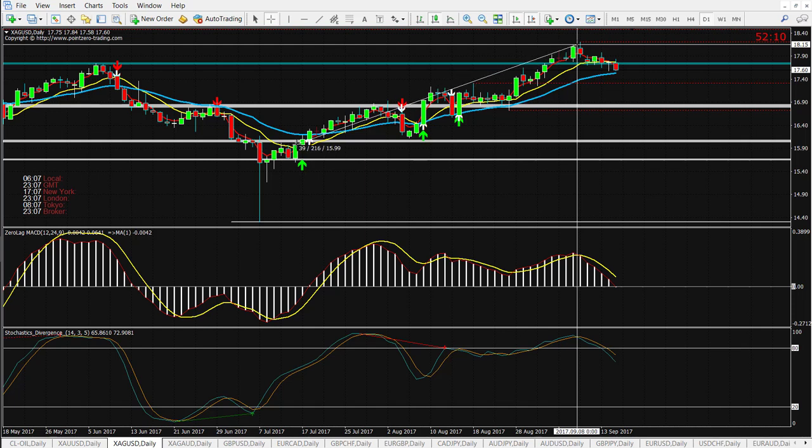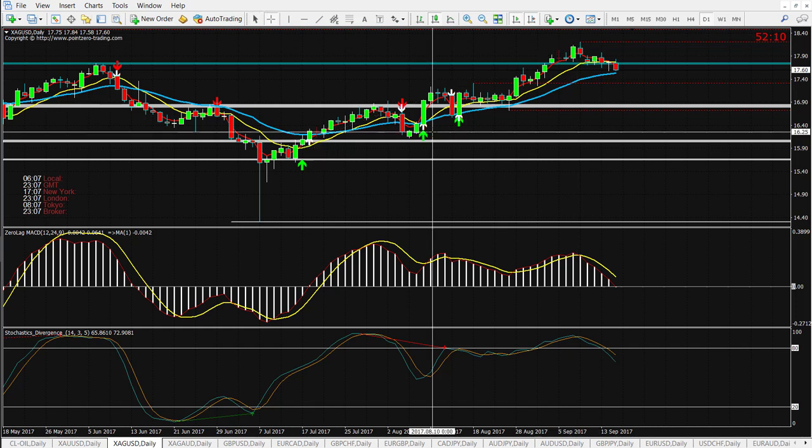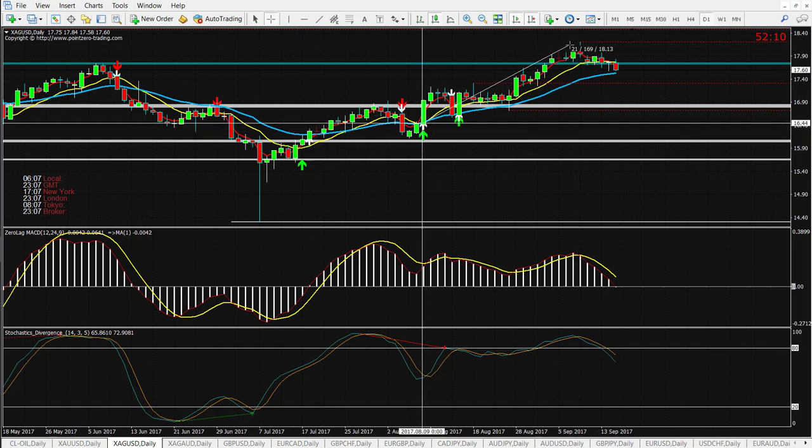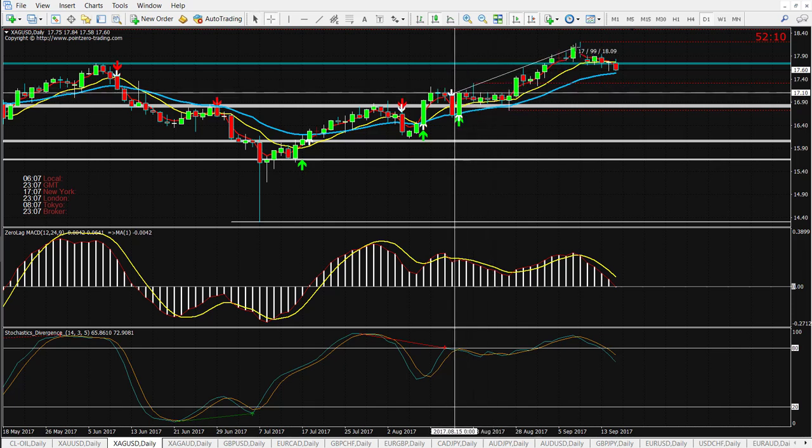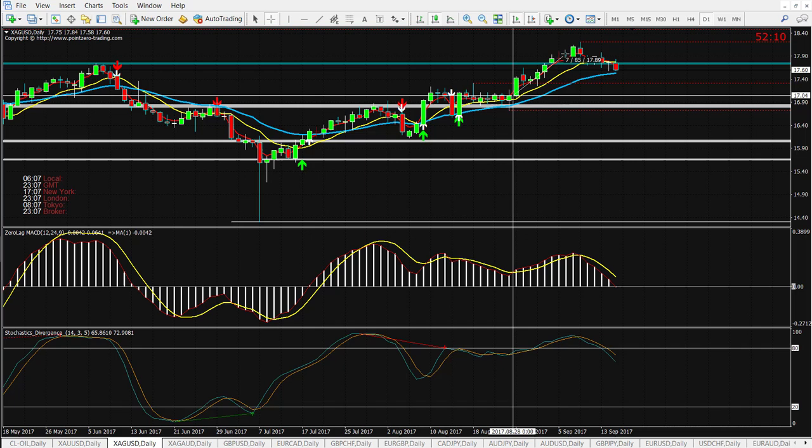And not only did you have 216 pips, but you had another one which was 169, another one probably 99, another one here 100. So you could have 4 positions, all of them above 100 pips, and instead of 260 pips you could have 400 or 500 out of one move.